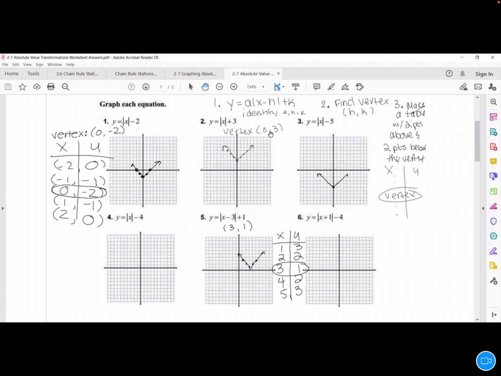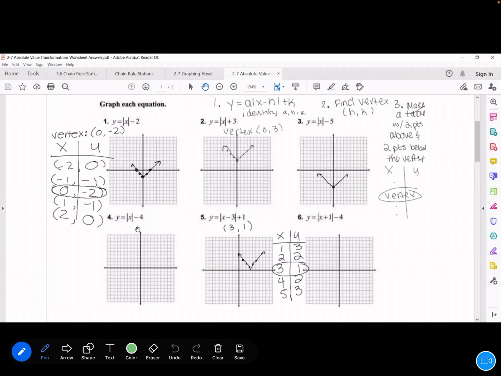Here we have an absolute value shifted up 3. Absolute value shifted down 5. So all of these have K transformations. K transformations will affect my range. In example number 4, we once again have a K transformation that is going to affect my range. So this is going to be down 4.